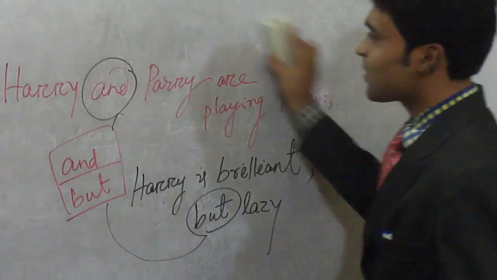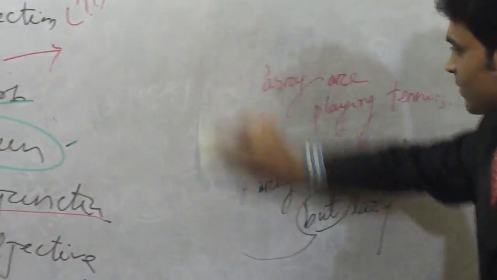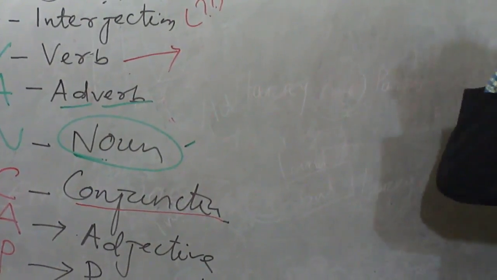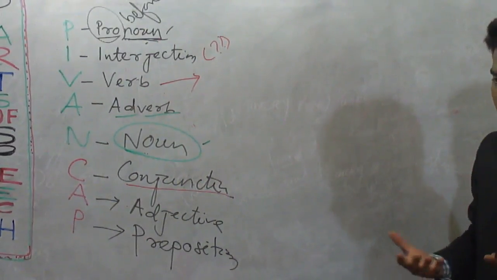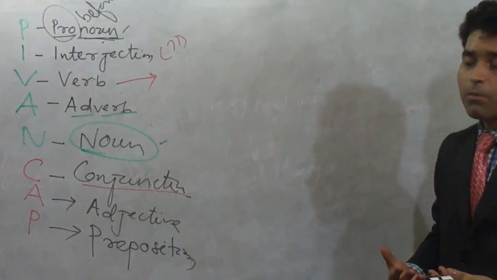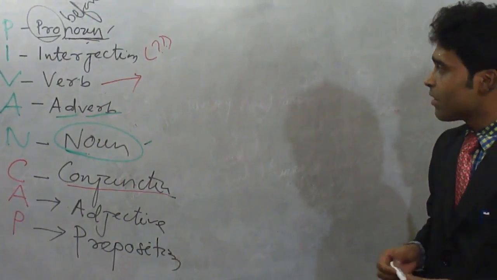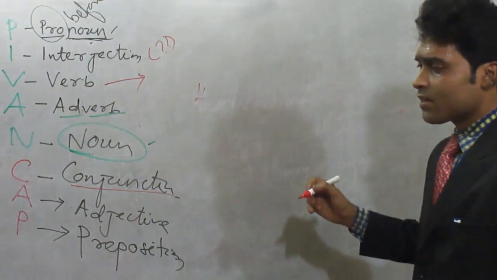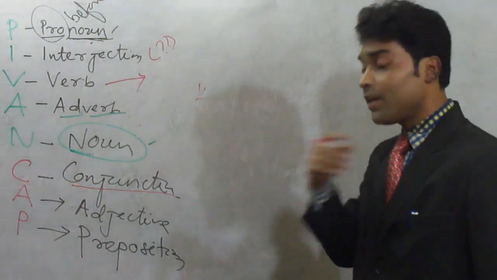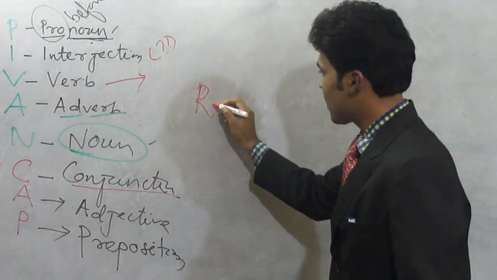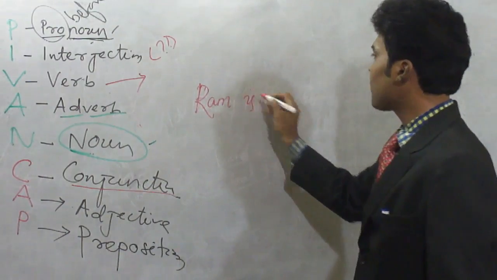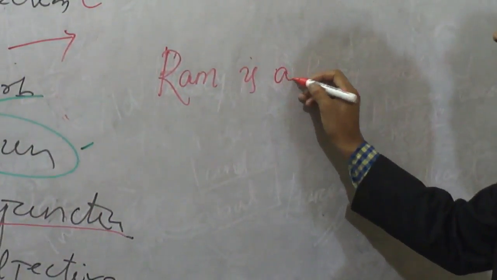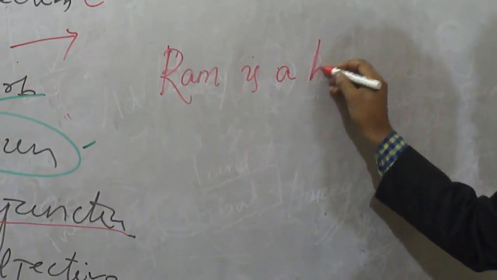Now we'll discuss adjective. What is an adjective? Adjective means the words which describe a noun. For example, take an Indian name, Ram.